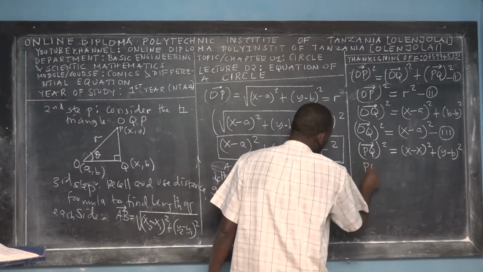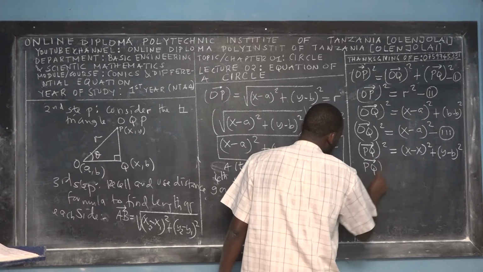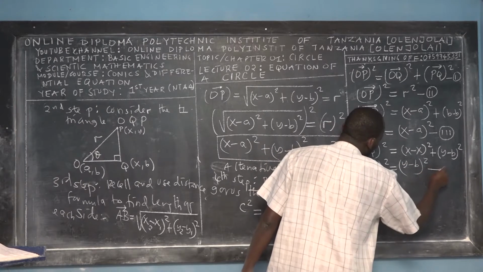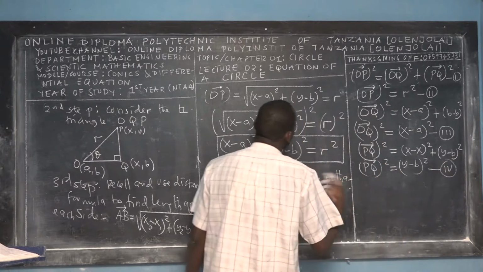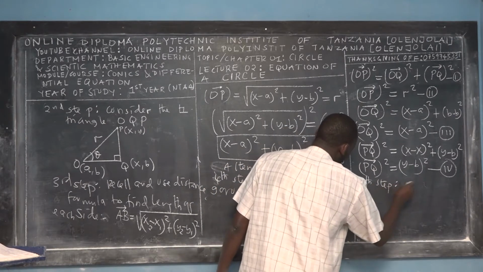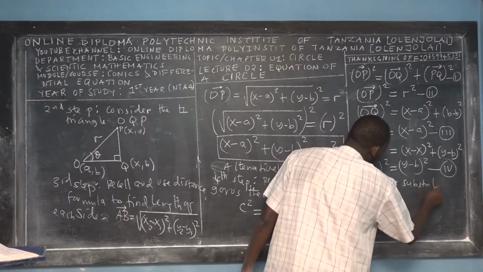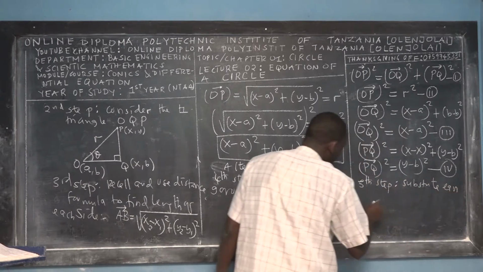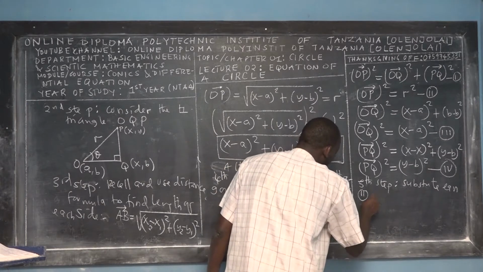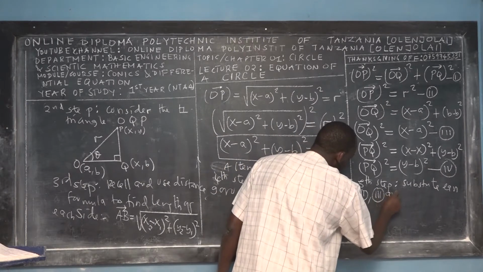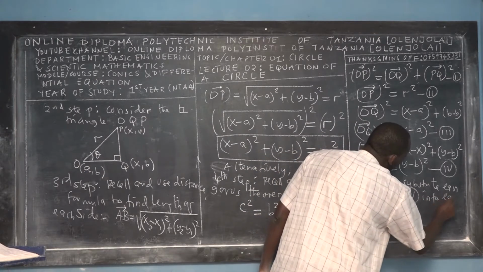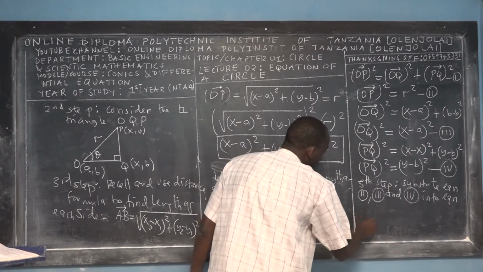So the distance PQ squared is equal to y minus b squared. Suppose that this is equation 4. So you go to the fifth step: substitute equation 2, equation 3, and equation 4 into equation 1.